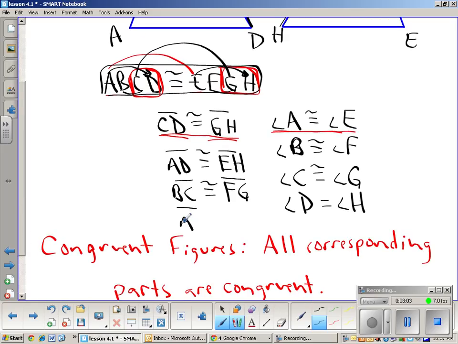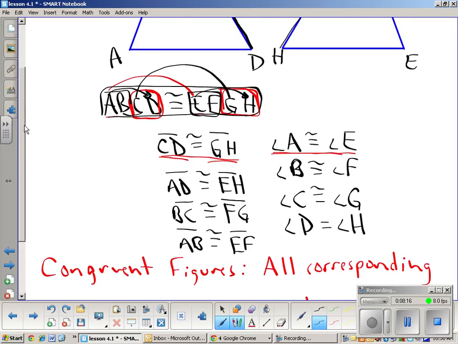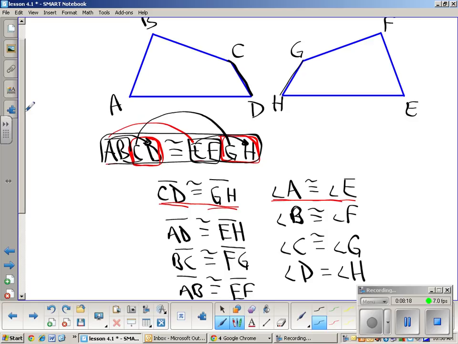So segment AB is congruent to segment EF; AB is the first two, EF is the first two over here. I got a lot of circling and boxing and pictures in here, but if you use the letters in the order they give them to you, it helps you to put things in the proper order. Okay?